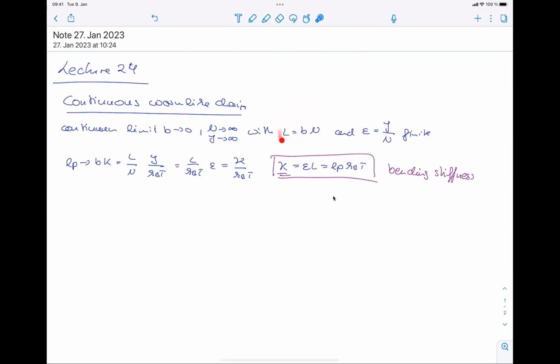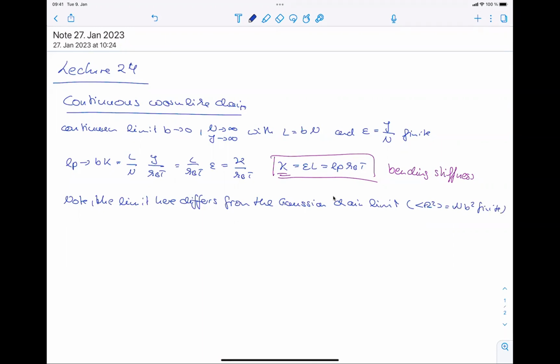And this is basically considering as a reference the intrinsic length scale of the rod. So note the limit here differs from the Gaussian chain limit, where we had R squared and b squared fixed.